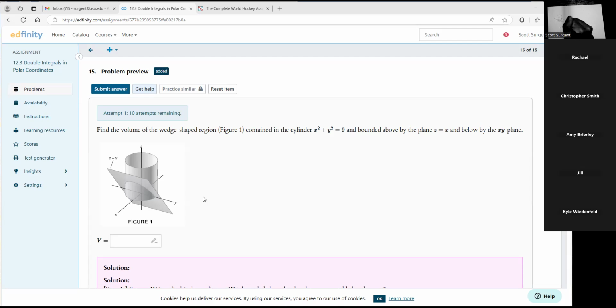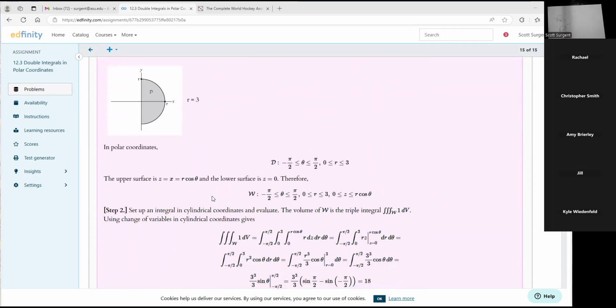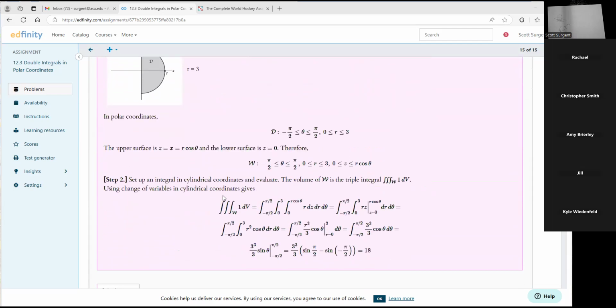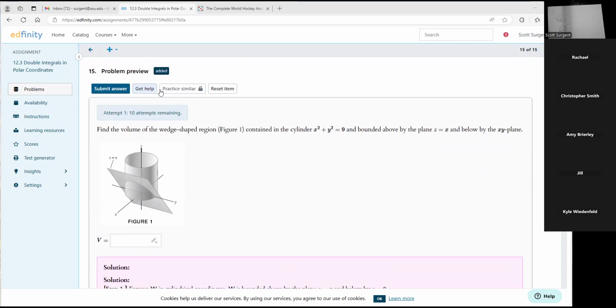I was less confused about the question and more confused about, as I said, it's in the homework assignment for double integrals and polar coordinates, but the get help is done in xy. This is the solution, but the get help is right here.